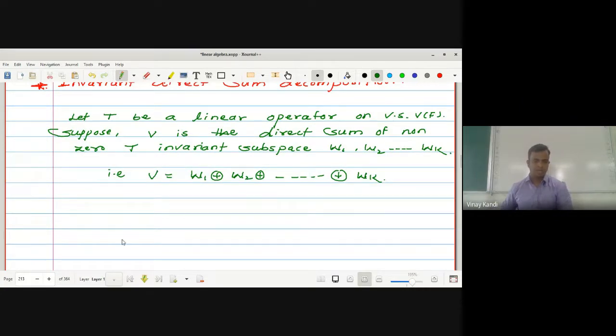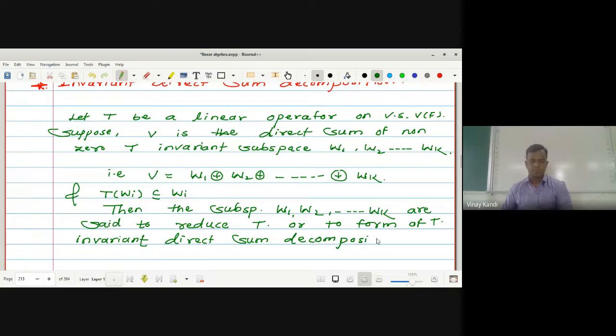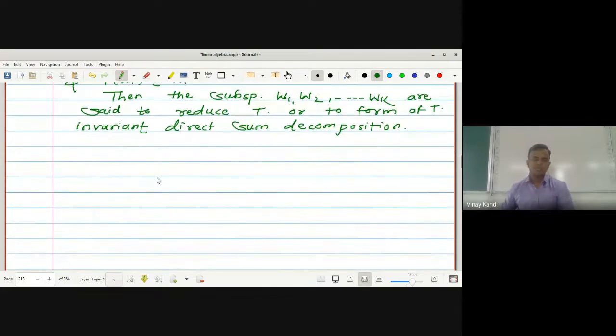And T of Wi is contained in Wi. Then the subspaces W1, W2, up to so on Wk are said to reduce T, or to form an invariant direct sum decomposition of T. Okay, nothing special, only the name is long.